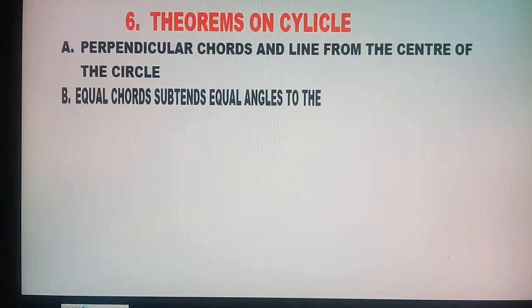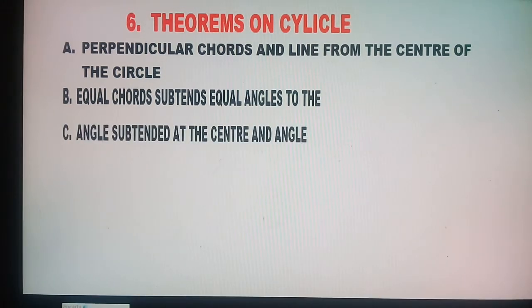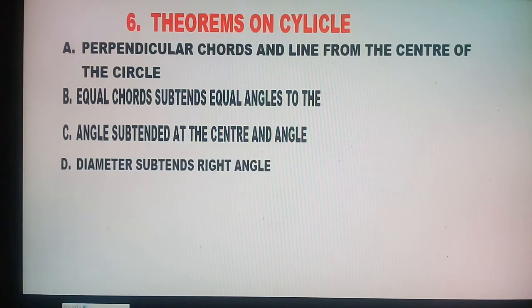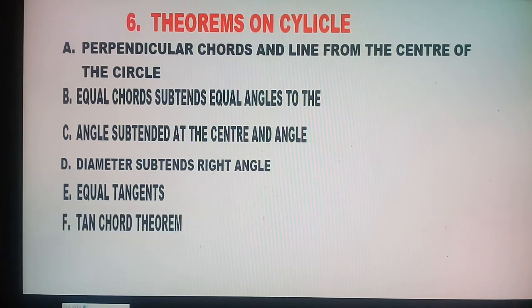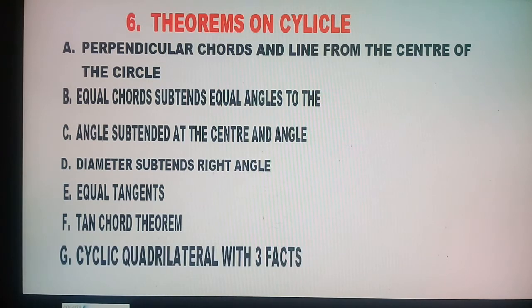You have to know that theorem. And the angle subtended at the center and the angle at the circumference. You have to know the theorem on the diameter subtending a right angle. And we have equal tangents. You have to know that theorem. We have the tan-chord theorem. And we have the cyclic quadrilateral with 3 facts.